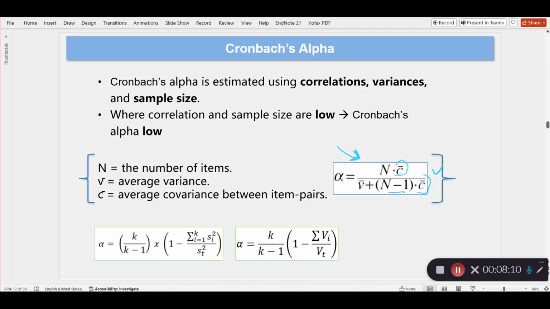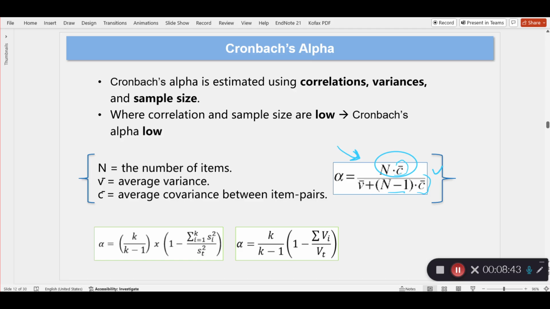So from this formula, we learn that the correlation between items, and as a result their average or the mean, is very important, because it's not only in the numerator but also in the denominator. If the correlations between the items are high, the numerator is large, and as a result the fraction which gives us the Cronbach's alpha value will be larger.